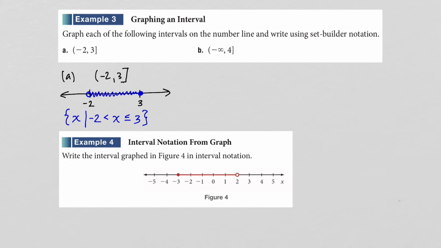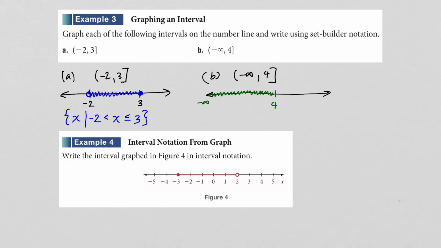For the second one, we have the interval notation -infinity up to 4. First, I'm going to graph that. Now, when you graph this, there's really only one important number, and that is the number 4. And this set of numbers says that we're coming from -infinity, which is somewhere over here, and we're going all the way up to 4, and we stop at 4.